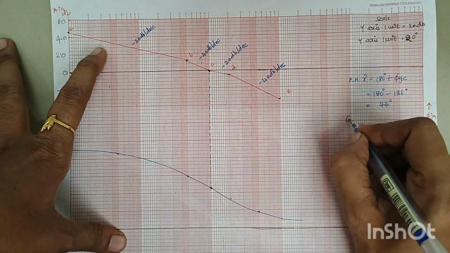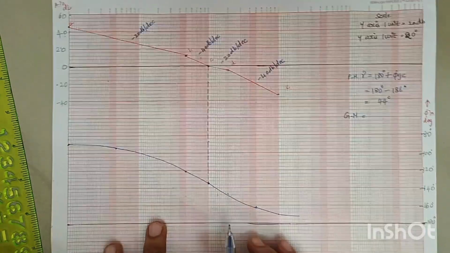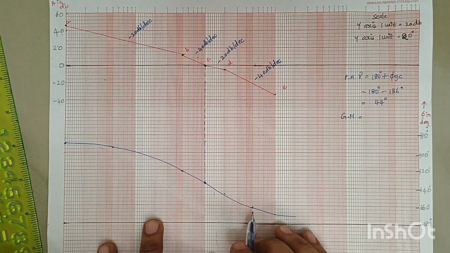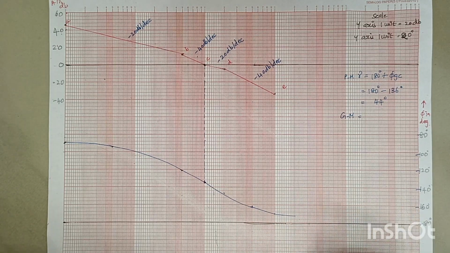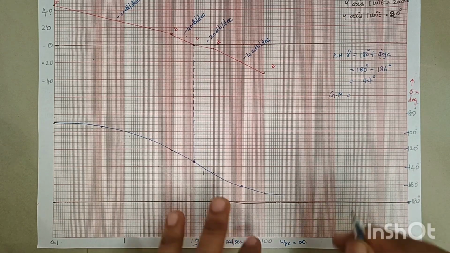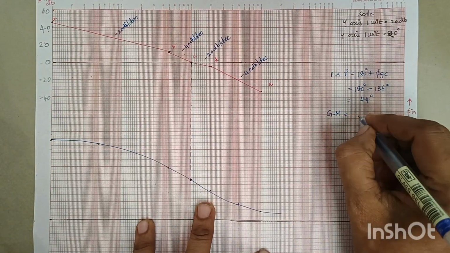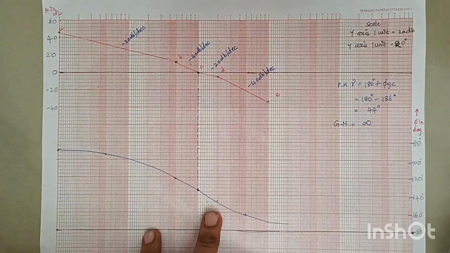So how to calculate the gain margin now? So here our phase plot didn't intersect our minus 180 degree line, right? So here what to do? We are assuming the phase crossover frequency as infinity. So similarly, the gain margin should also be considered as infinity, right?